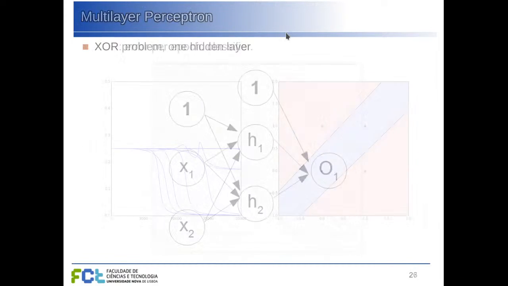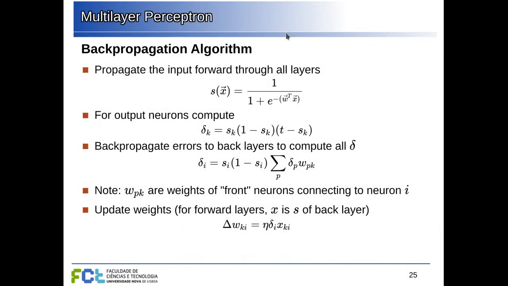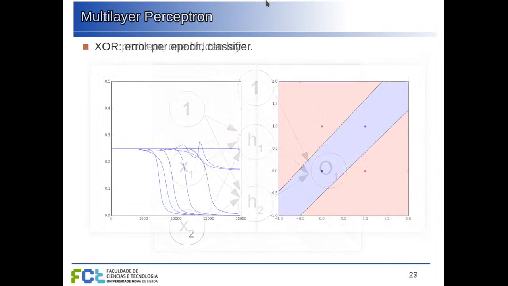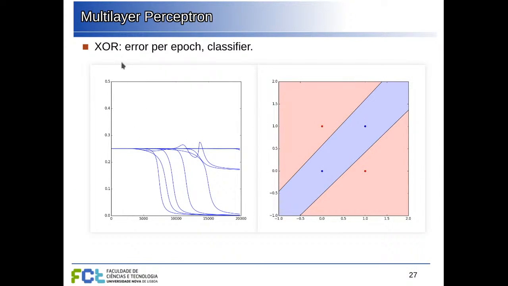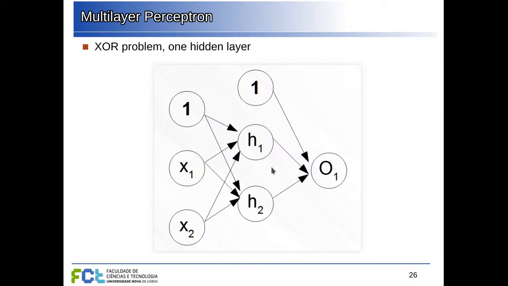Okay, so this is a very brief description of the backpropagation algorithm, but with this algorithm we can in theory train networks with an arbitrary number of layers. And we can solve the exclusive OR problem using this network with 3 neurons.